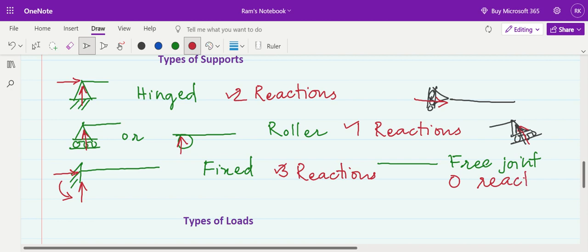As you restrain the joint with a number of restraints, the fixed support offers the maximum restraints, which is why it offers three reactions. Hinge support offers lesser restraints than the fixed support, so two reactions, and the roller support offers still lesser restraints than the hinge support, so only one reaction. So fixed, hinge, and roller: three, two, and one reaction.